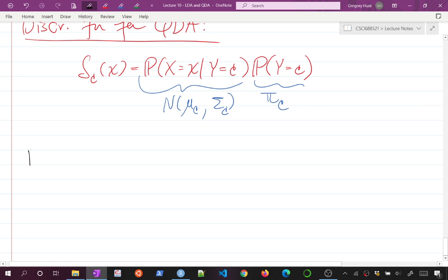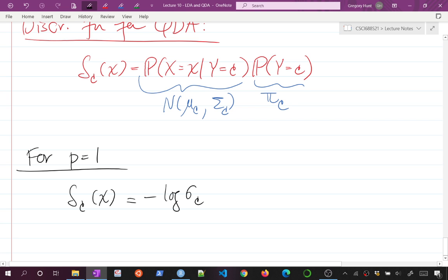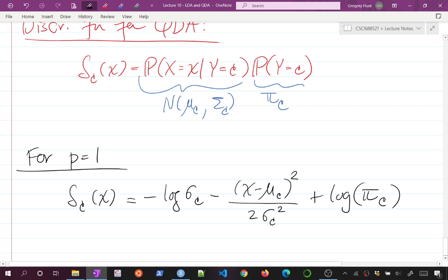So let me just say, in the case where I have just one covariate, our discriminant function, delta c for our class, for QDA is now negative log sigma c minus x minus mu c squared over 2 sigma c squared plus log pi c. So that's one way to write the discriminant function.